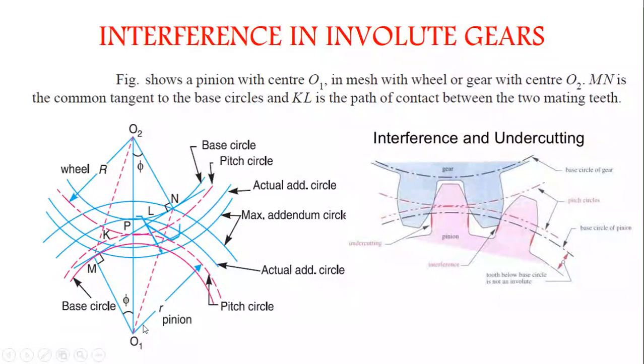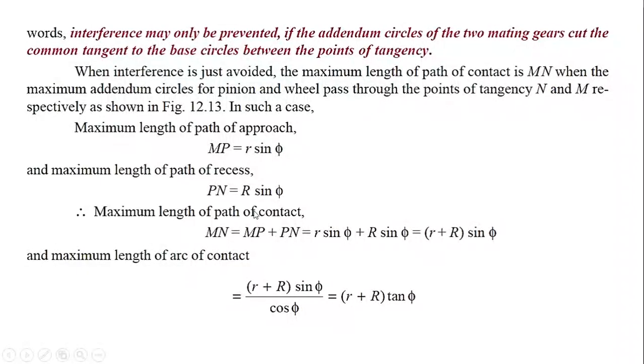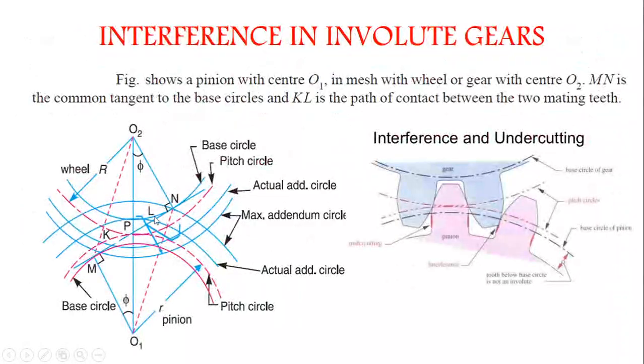The radius of the addendum circle, which is the actual addendum, is increased up to O1N. Then the point of contact L, on the actual addendum circle, will move to N.